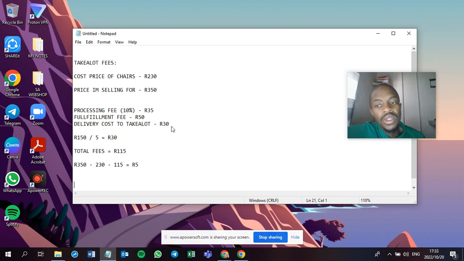But preferably use spreadsheets or use the calculator. There's a calculator out now on Takealot, but I prefer that you use spreadsheets. Spreadsheets are actually just easier because you can use formulas and stuff like that. I do have a spreadsheet that we use to calculate these things.